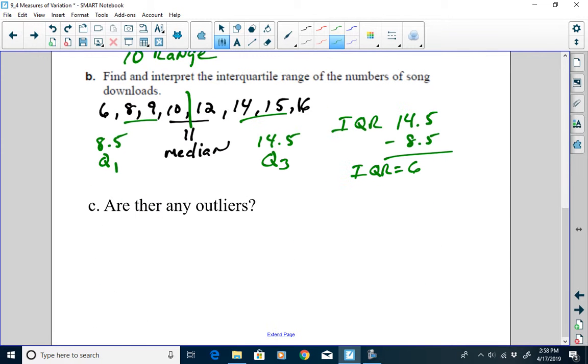Are there any outliers? Well, let's take a look at our outlier formula. To find the lower boundary for an outlier, we're going to take our Q1 and subtract 1.5 times my IQR.